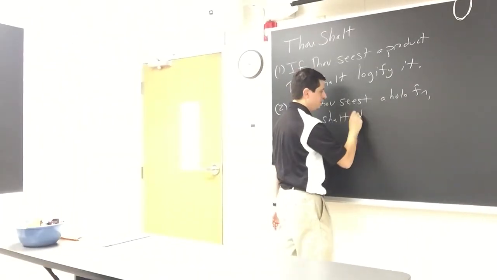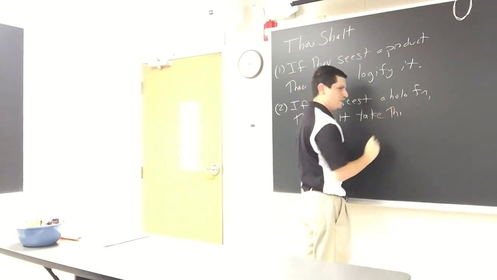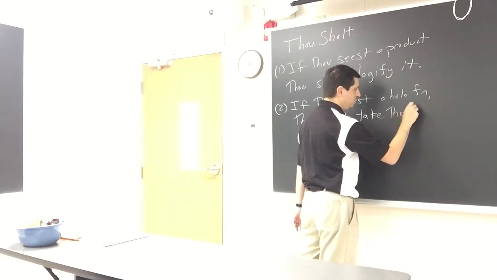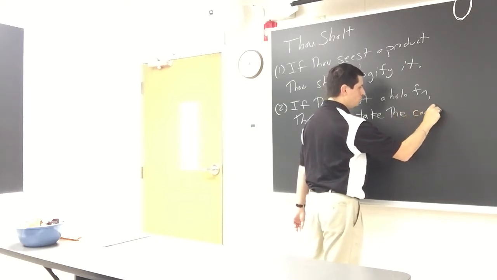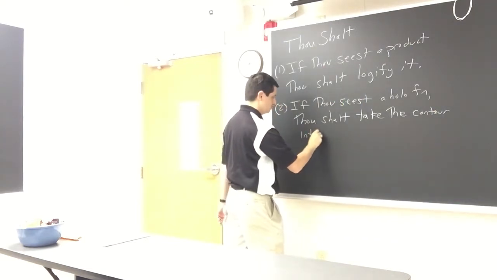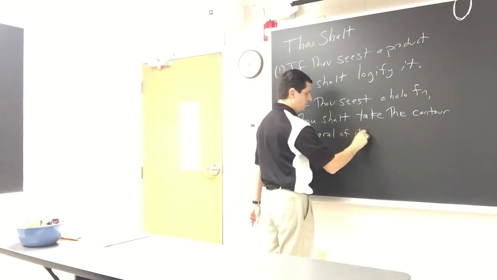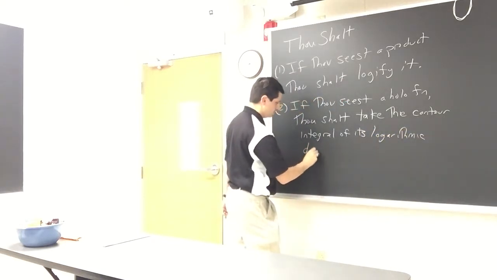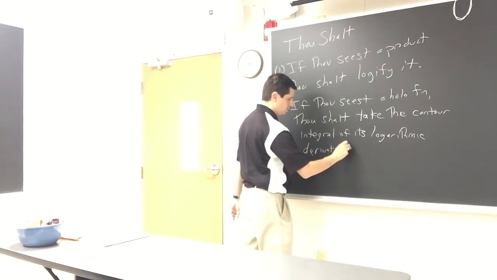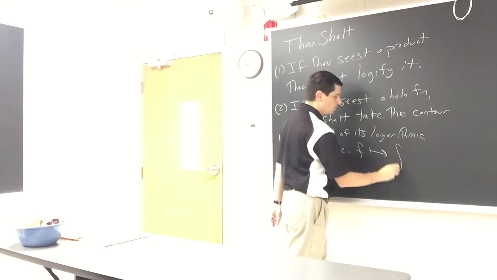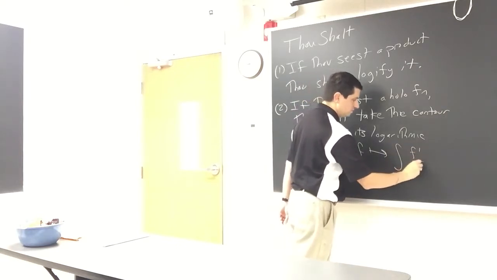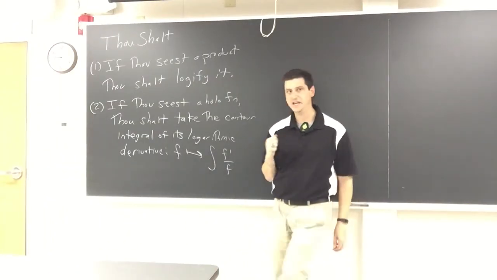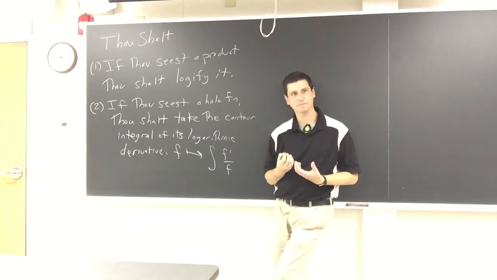Thou shalt take the contour integral of its logarithmic derivative. So basically, f goes to something like this. And this is one of the big ideas in complex analysis: taking logarithmic derivatives and integrating them.